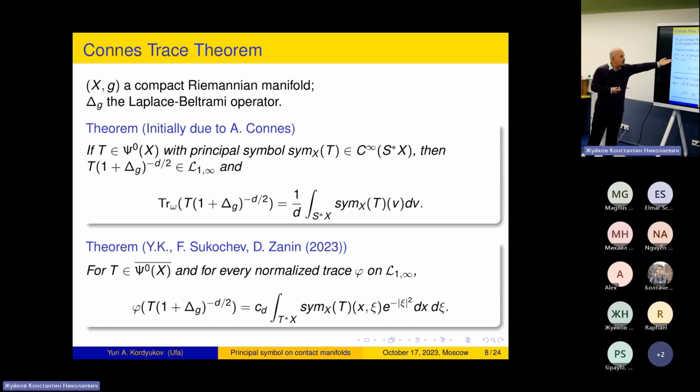Namely, we want to have an operator of order minus d, so power minus d over 2. Then it turns out that this quantity can be computed in terms of the principal symbol of this operator.